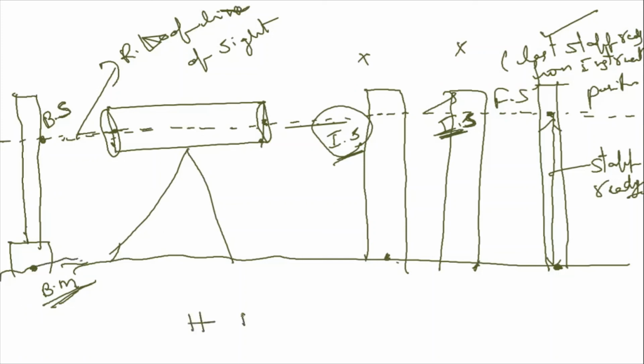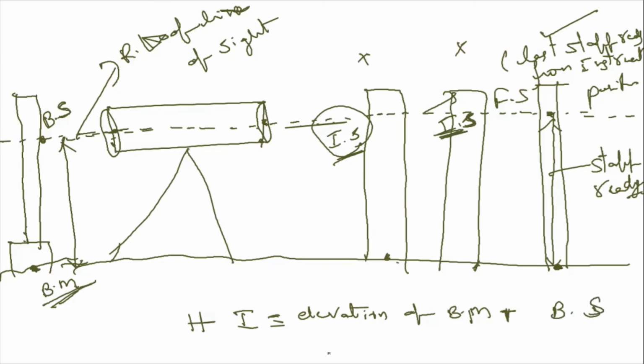HI equals, we already know the elevation of this point, so the elevation of the benchmark plus the staff reading taken here. What is the staff reading taken here? That is the backsight. So height of instrument equals elevation of benchmark plus backsight. Like this you can determine the height of instrument.